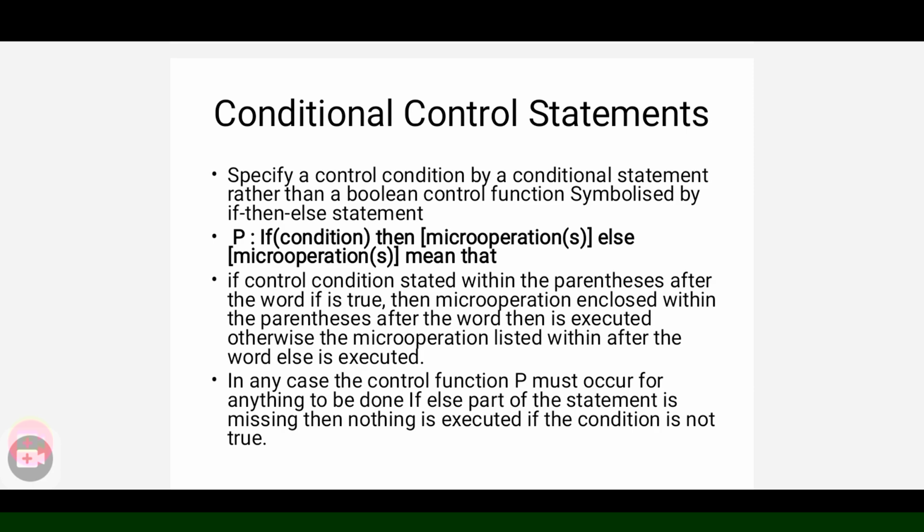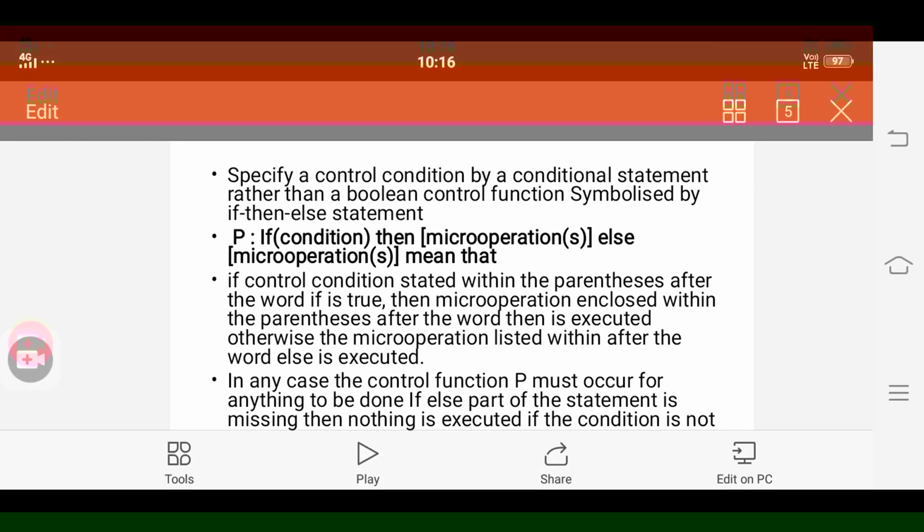This is a conditional control statement. If the control condition stated within the parenthesis after the word if is true, then the micro operation enclosed within the parenthesis after the word then is executed. Otherwise, the micro operation listed after the word else is executed.